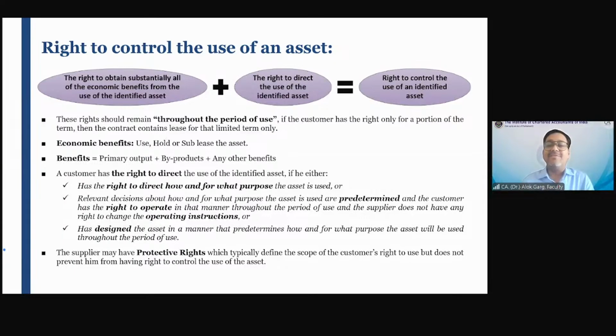I can tell you, in one of the global examinations, not the CA final exam of ICAI, the question was that the benefits from the right to sale of the identified asset were not lying with the lessee.